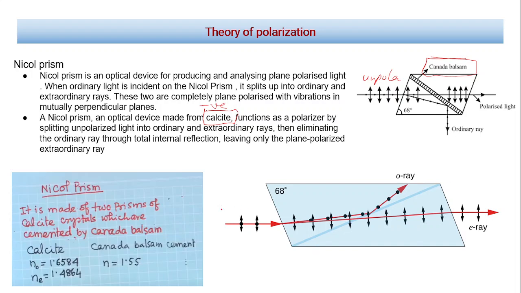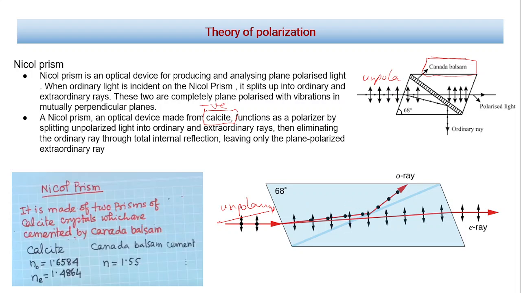This is unpolarized light coming into this Nicol prism. As soon as it comes here, if it's not along the optics axis, then it will split into O ray and E ray.